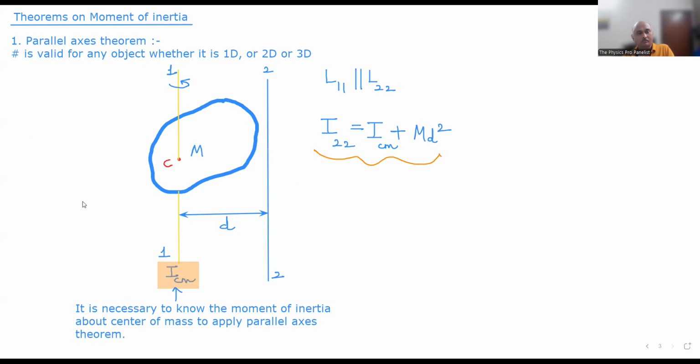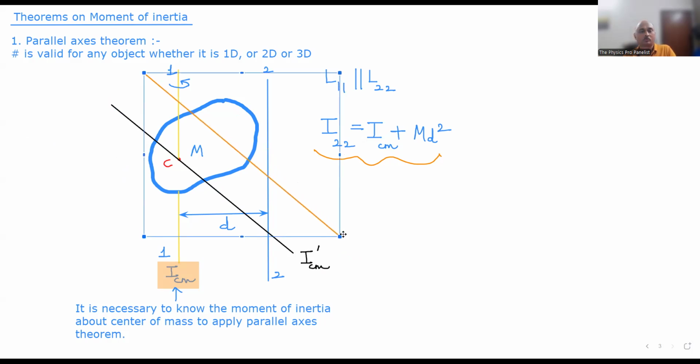If you are given some I dash CM about an axis parallel to these two, then you can definitely find the moment of inertia about this axis.